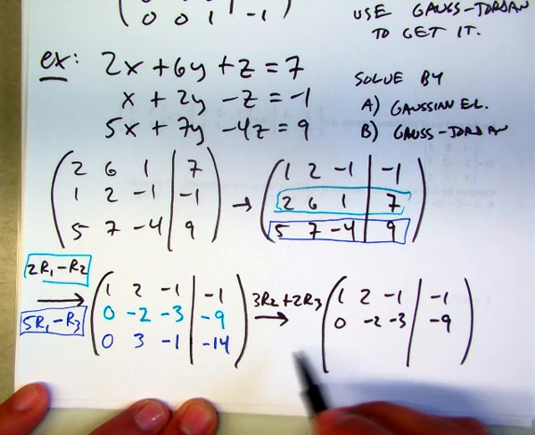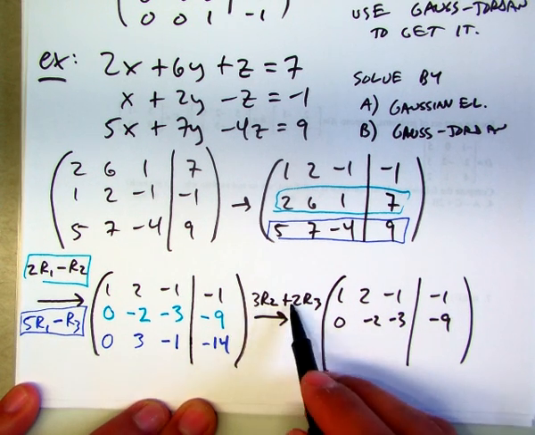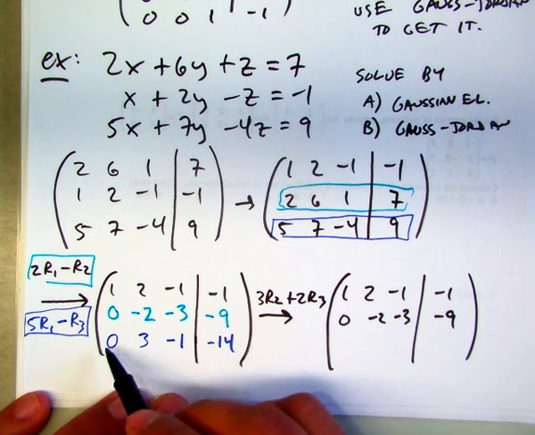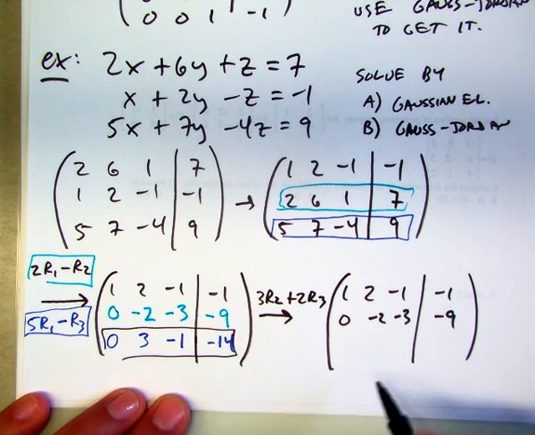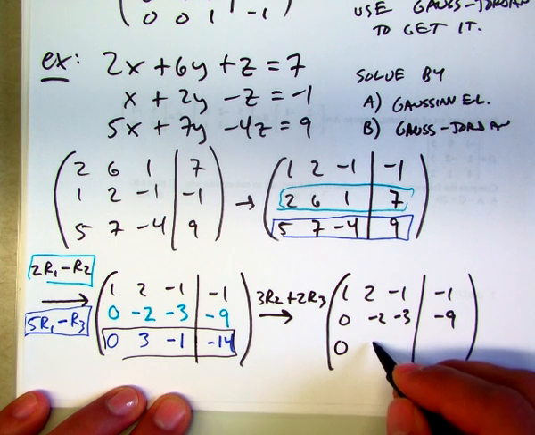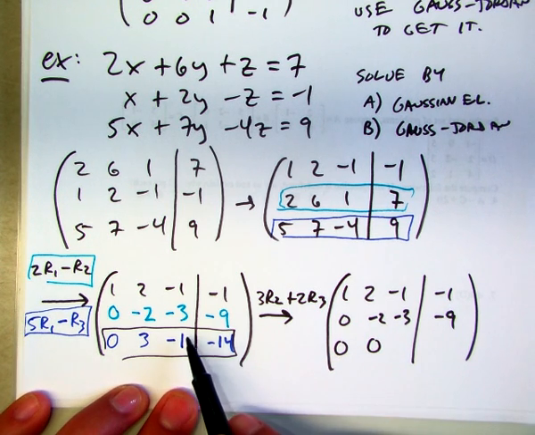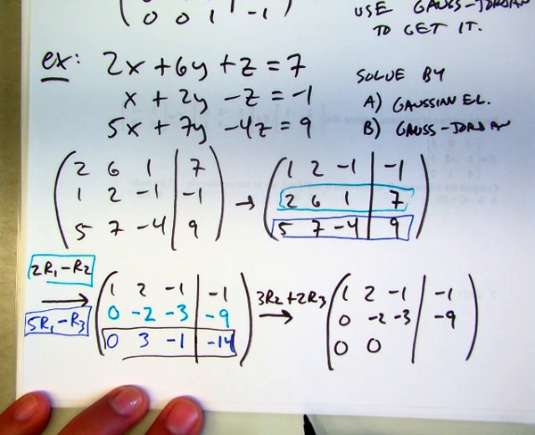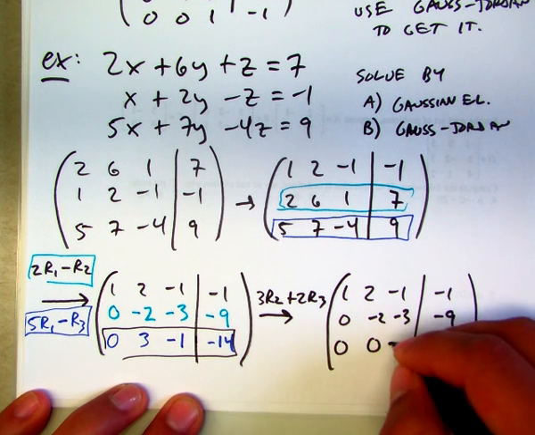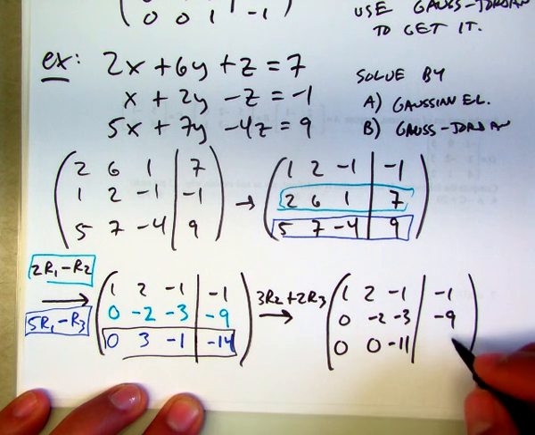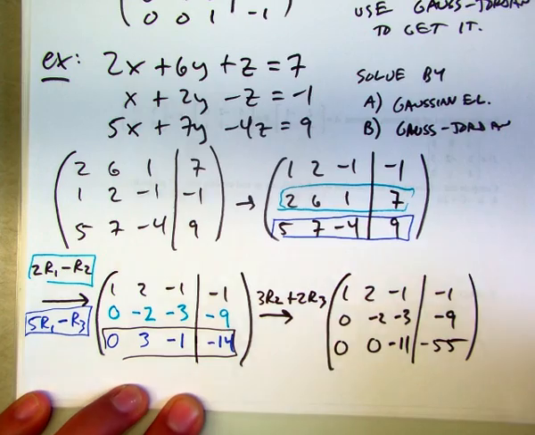And then now, if I triple row 2 and add double row 3 to everything here, so this is the one I'm changing, this is still going to be 0. This turns into 0 because negative 6 plus 6 is 0. And then we have negative 9 plus negative 2, so that's negative 11. And then negative 27 and then negative 28 added together is negative 55.